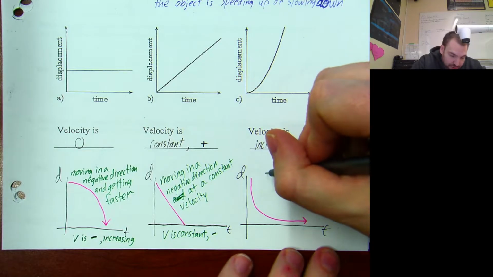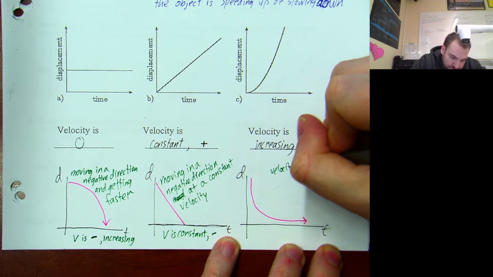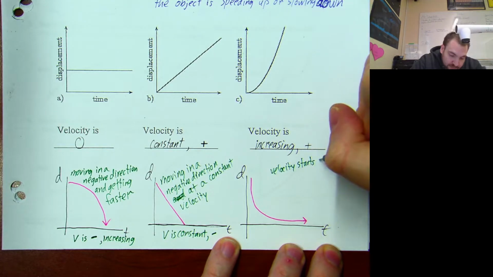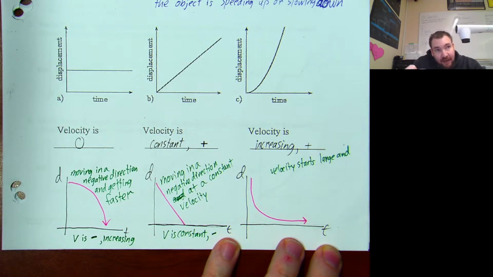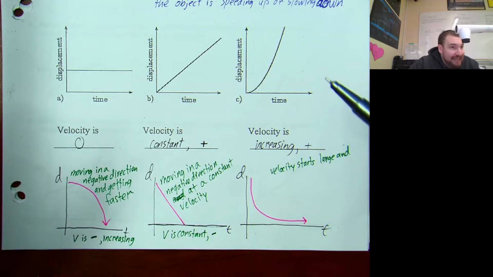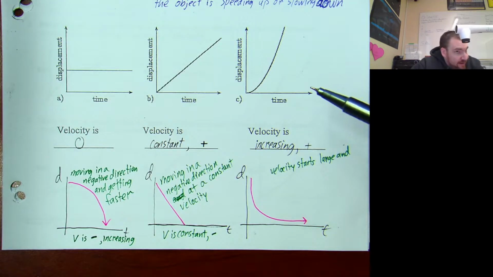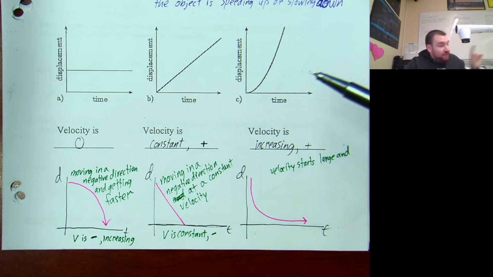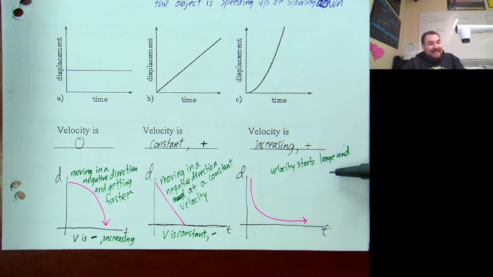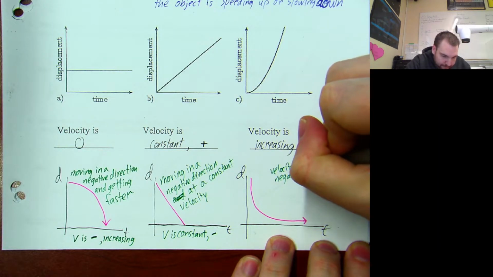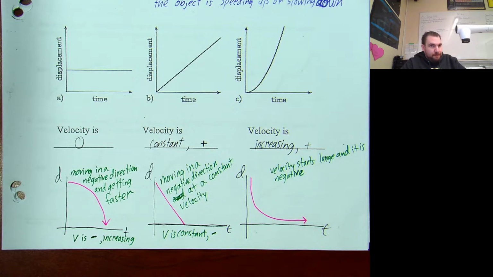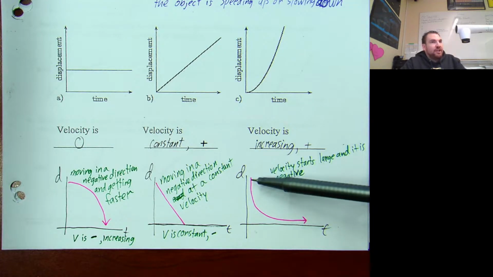Okay, so velocity starts large and it's negative. So at the very beginning, the velocity starts large and it's negative. That just means you have a lot of velocity heading in a negative direction.